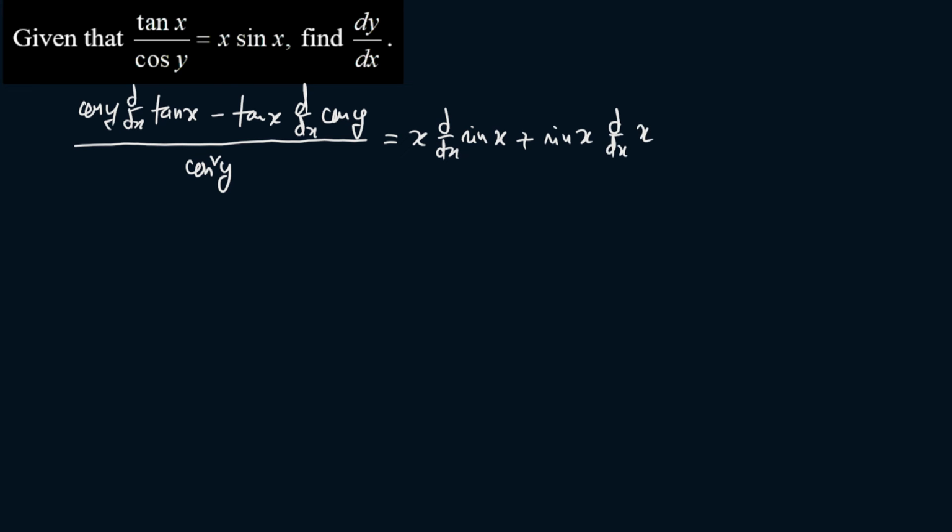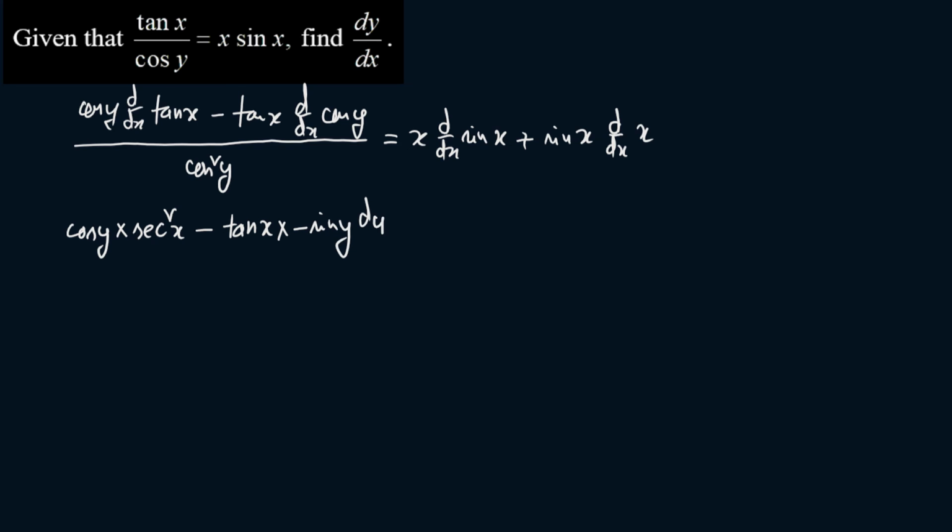Let me finish our differentiation, which is cos y, and if we differentiate tan x, it gives us sec square x, minus, then the part is tan x, and if we differentiate cos y, it gives us minus sin y.